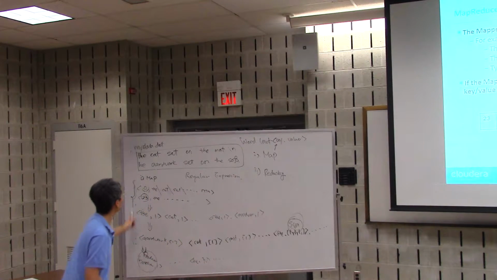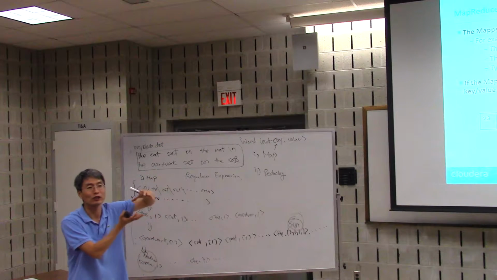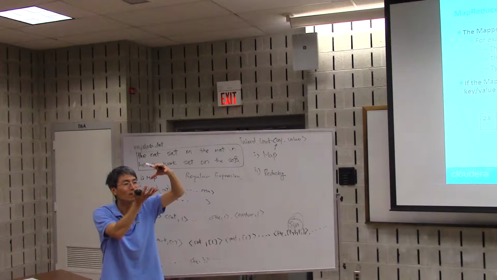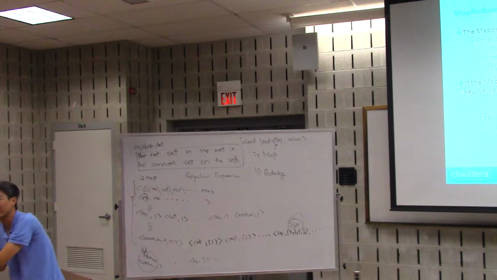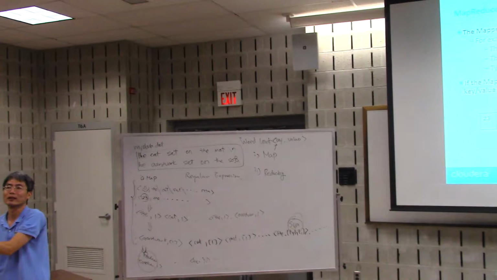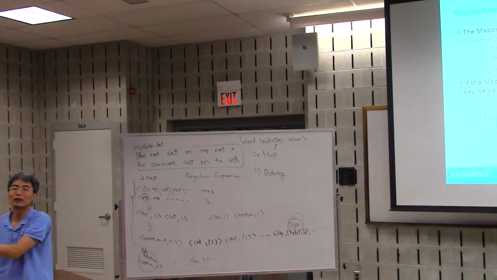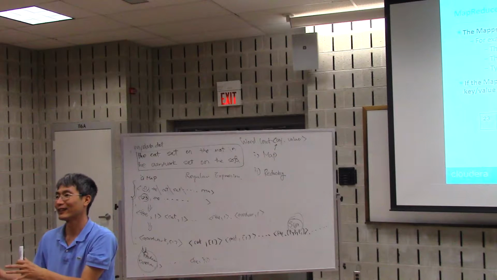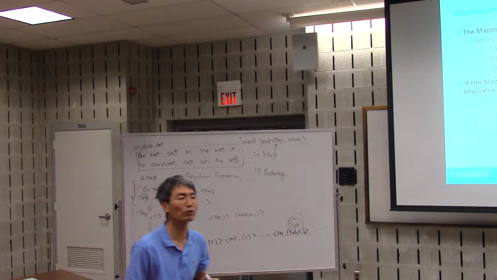You need to implement this MapReduce. It's one step, one program, but you may need 5 or 6, sometimes 10 MapReduce programs. For example, if you convert SQL with a group by, how can you do the group by?